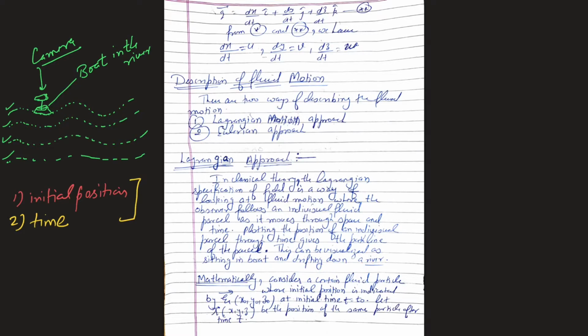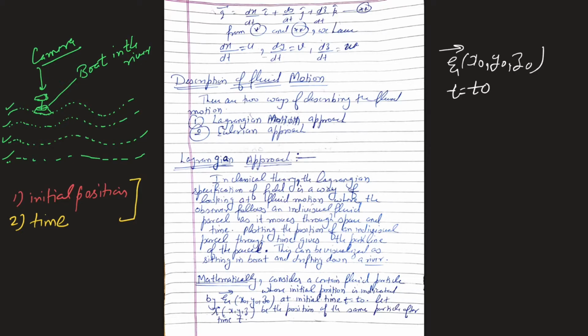So mathematically, consider a certain fluid particle whose initial position is indicated by chi, with initial coordinates x naught, y naught, z naught, at initial time t equal to t naught.